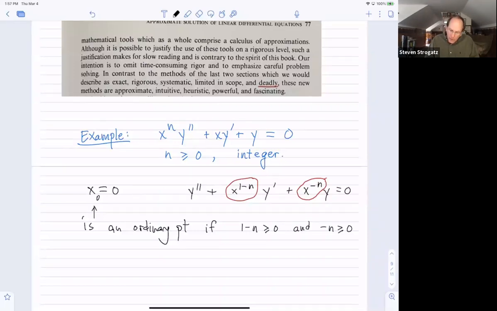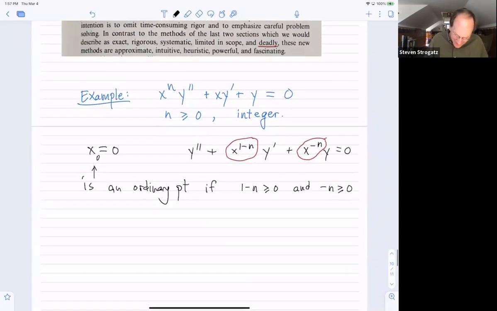So what am I doing? I want to conclude n equals 0. Oh, I'm sorry, I meant to, yeah, because I assumed n was greater than or equal to 0 to begin with. Right. So the only way we get an ordinary point is n equals 0.